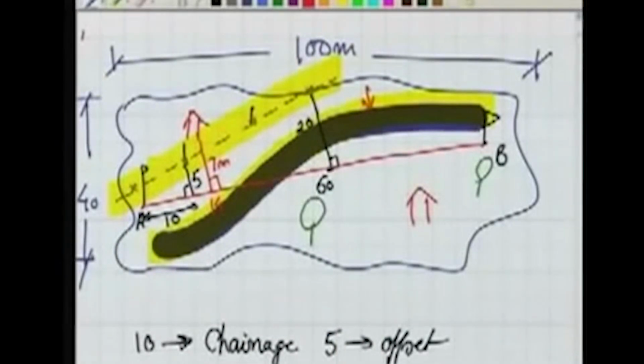Just for this length here, for example, let us say I measure the width of the road. The width of the road is measured in the field. You say, okay, the width of the road is 7 meters. Then you start taking a number of offsets. Number of offsets means all these perpendiculars.